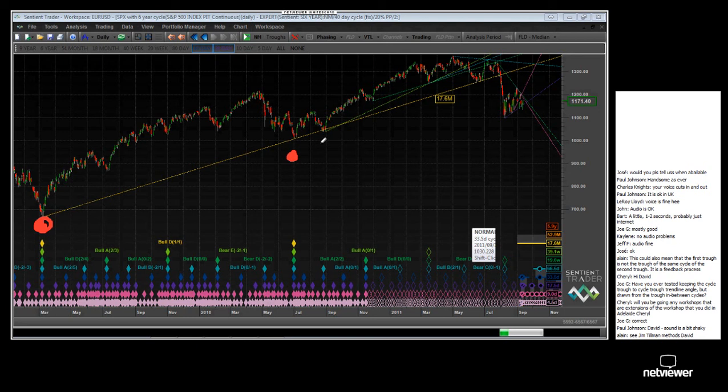There we go. That's actually the correct way of looking at it. And so here's the VTL, which is connecting this trough over here with this trough over here, two consecutive troughs of the 18-month cycle. And here is the 18-month VTL, which is extended through those troughs.